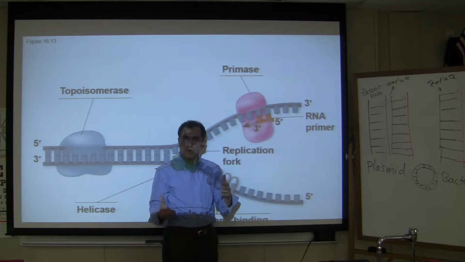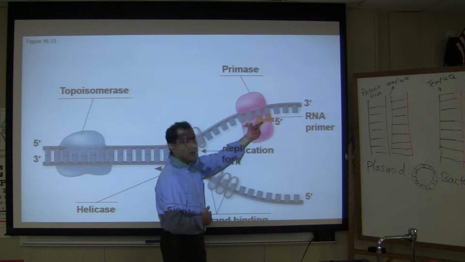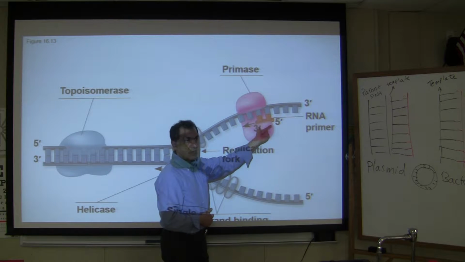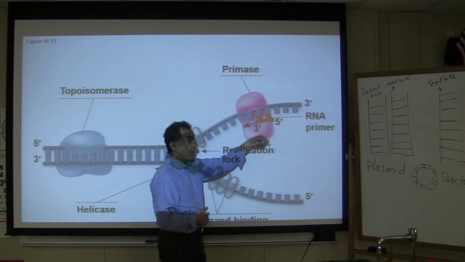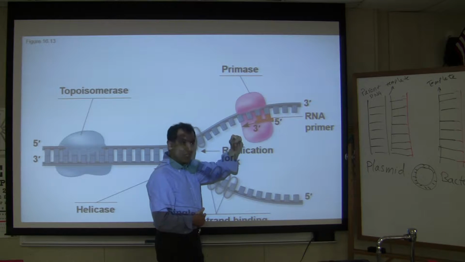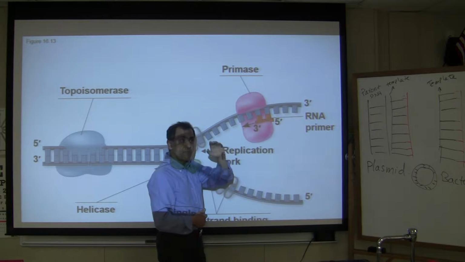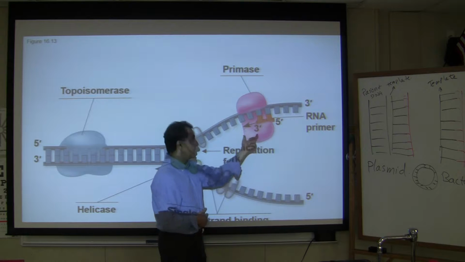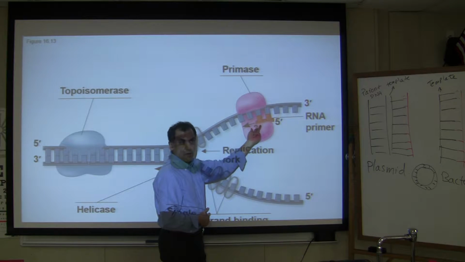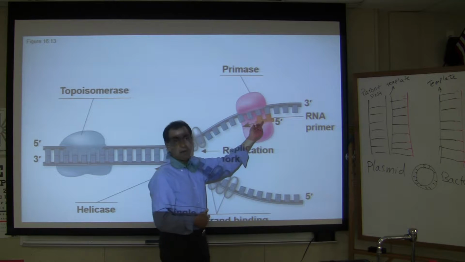You might ask, Amir, why does it start with RNA at the origin? The reason is that the replication of DNA must proceed from the 3' end. Only RNA can provide the DNA with a 3' end.